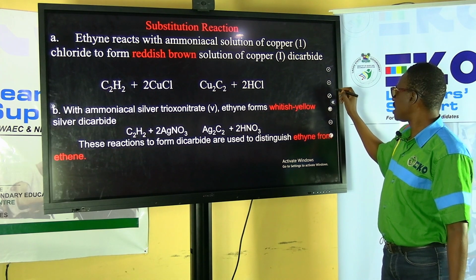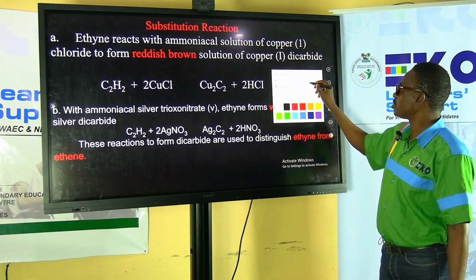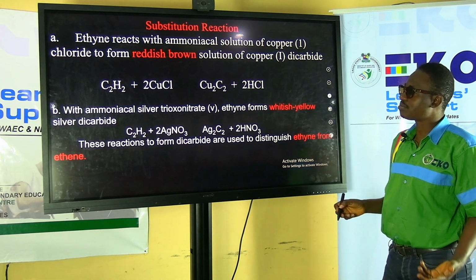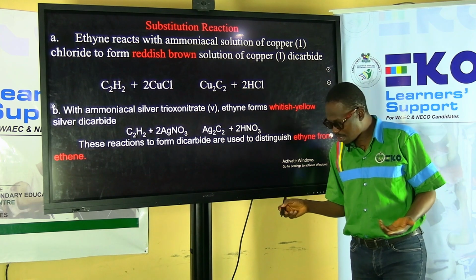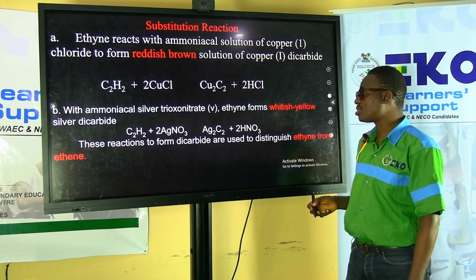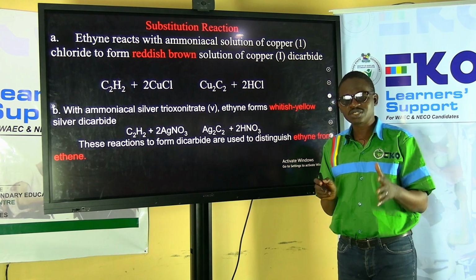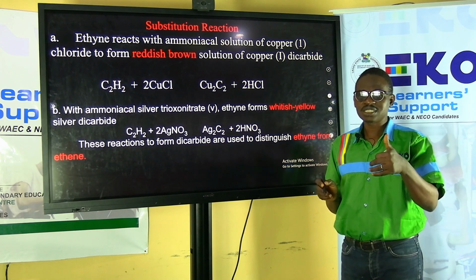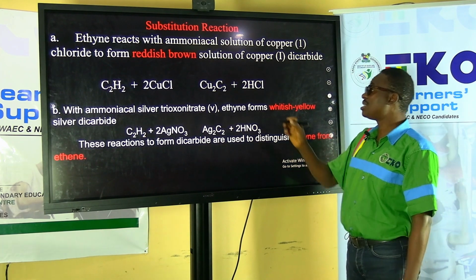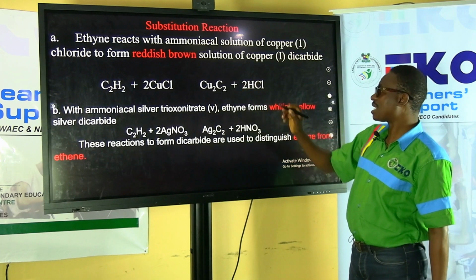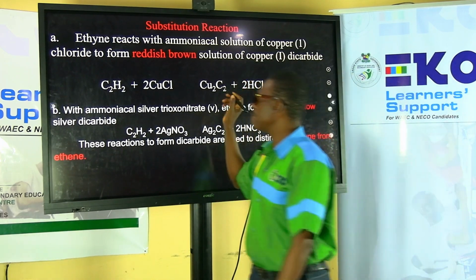Also, it can undergo a substitution reaction. It's the one that can undergo what we call a metallic substitution reaction. And you need to know this metallic substitution reaction is only applicable to terminal alkynes. And that's what is going on here.